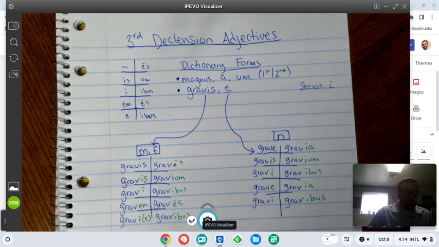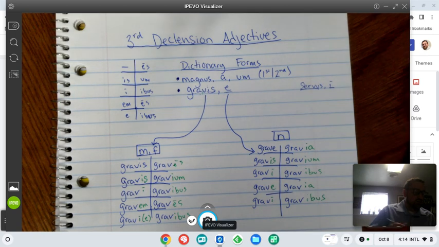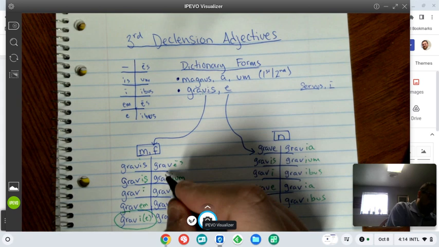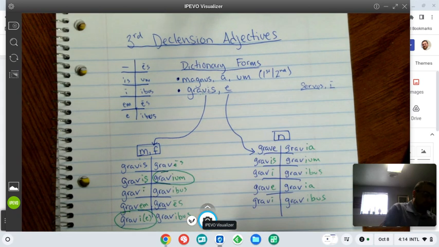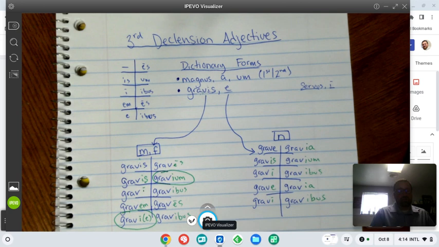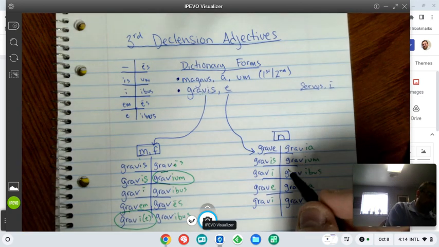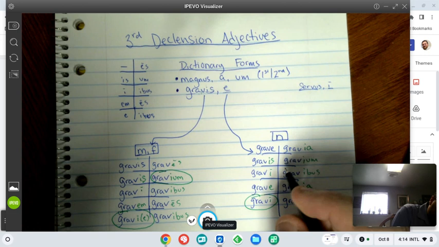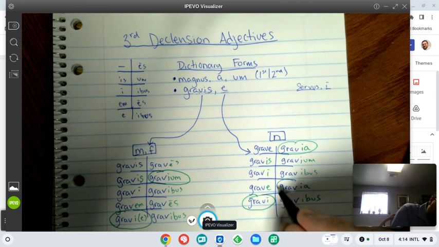So just to draw attention to where all the differences are for I stems, we have the ablative, which is different. We have the genitive plural, which is ium. And so there's not too many differences over here, but over on the neuter side, we have our gravi again, and then we have our gravia.